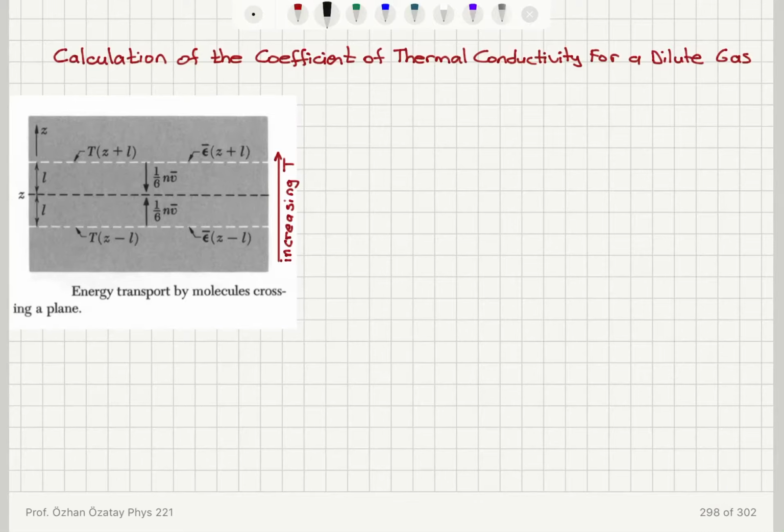So we're assuming that we have a dilute gas for which the temperature gradient is positive.